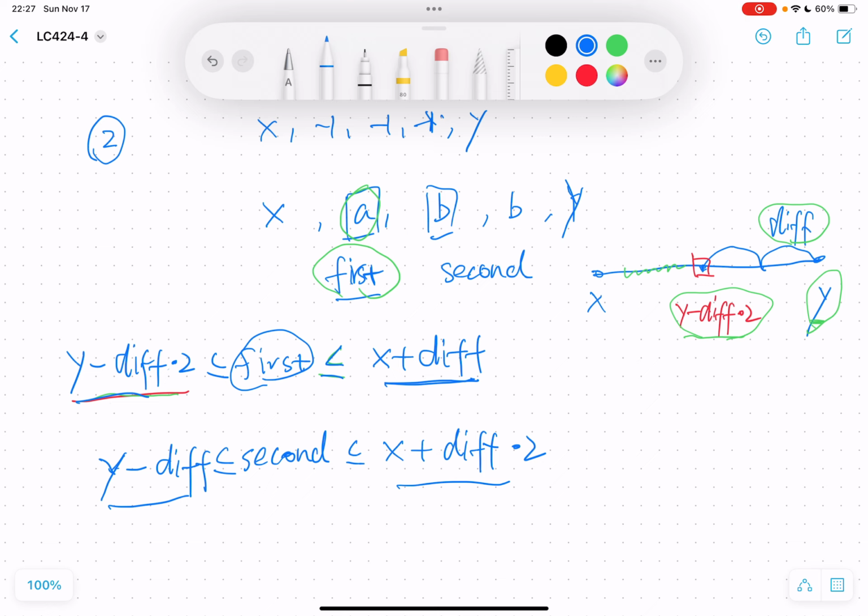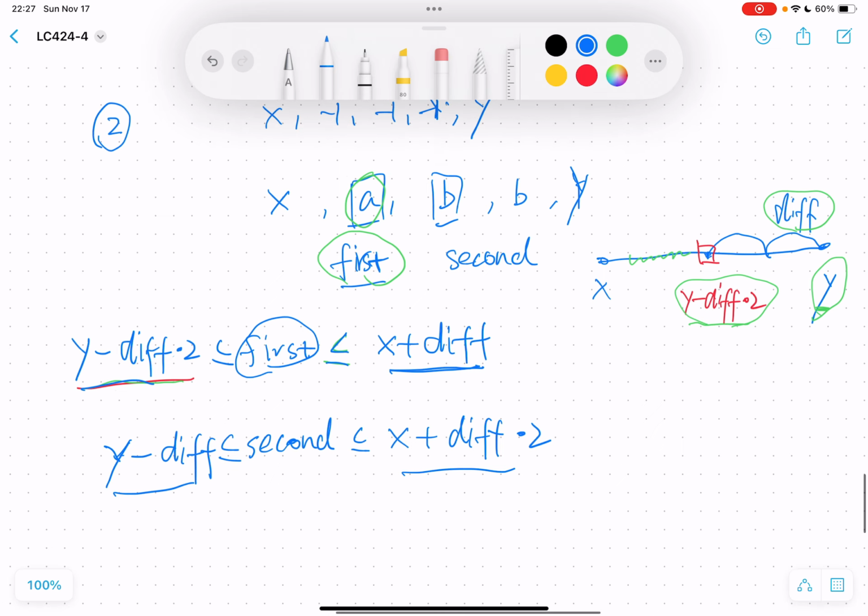In addition, we also need to check if the first element and the second element are located on different elements. That means there are two elements. We should prove the differences between first and second should be smaller than diff.